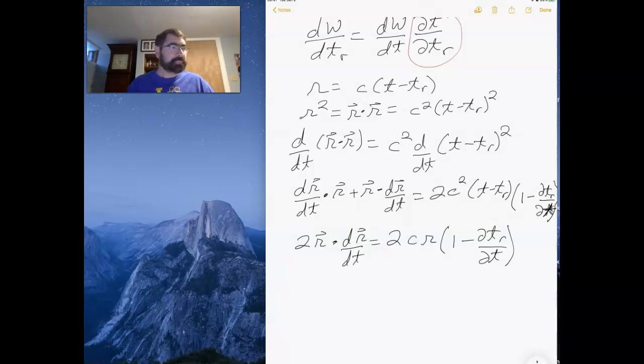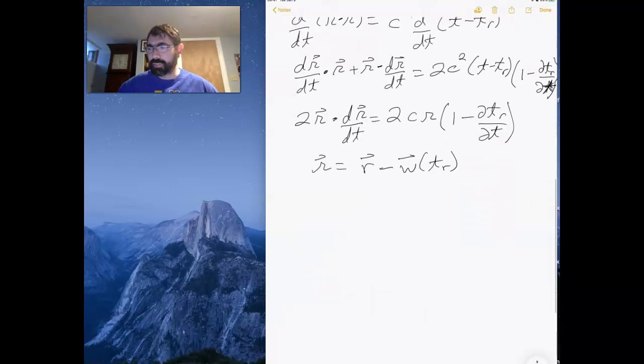Now remember that r is the vector from the charge's path to my measuring position: the vector from the origin to my measurement point, minus the path w.